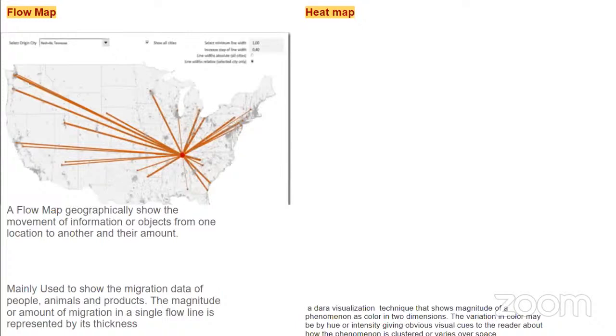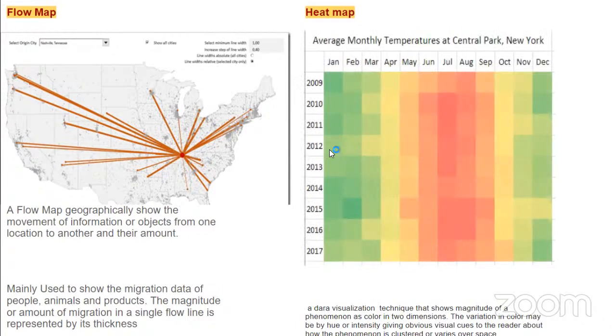This is a flow map, for example, from one central hub, displaying the different locations you can access. You can even use this to display air traffic visualization.